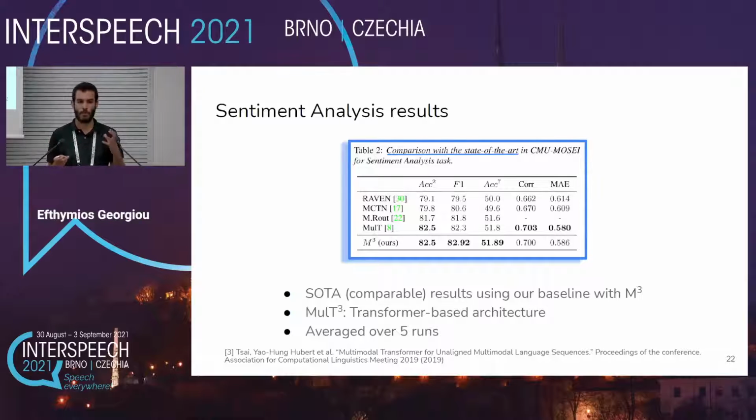We compare ourselves to some strong baselines, such as MULT, which is a transformer-based architecture. We also achieve state-of-the-art results, which indicates the efficacy of our approach. And what I would like to note here is that our results in that table are averaged over five independent runs.